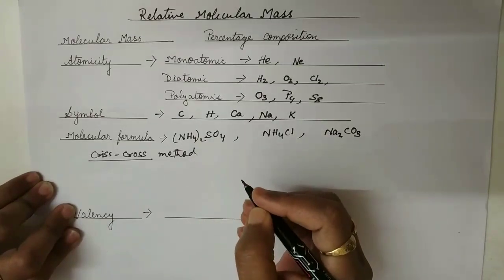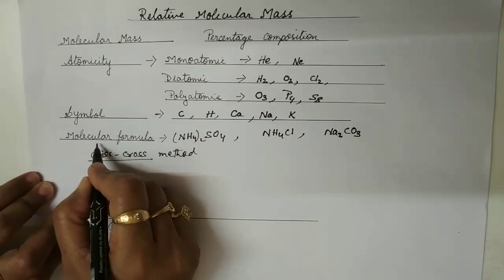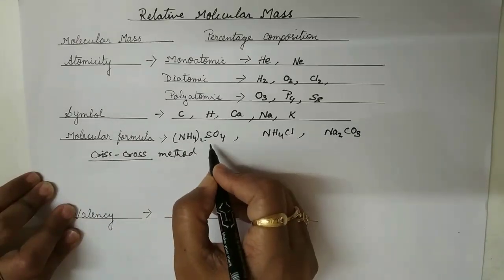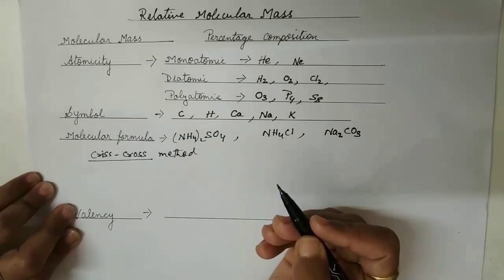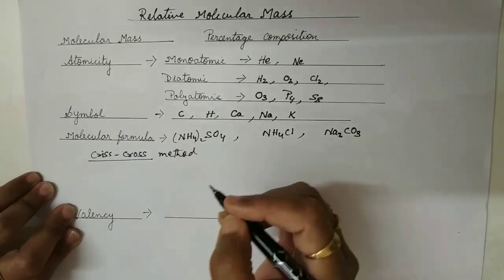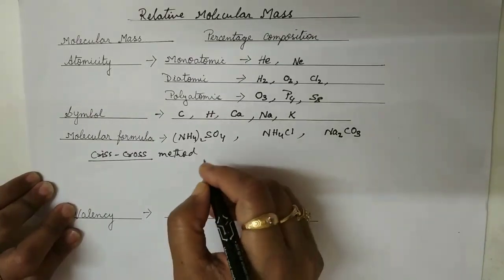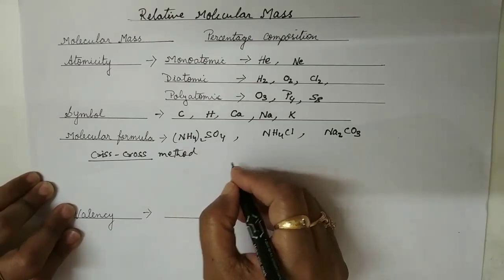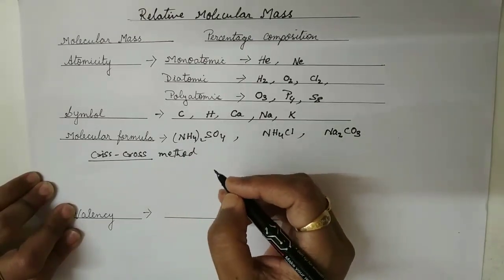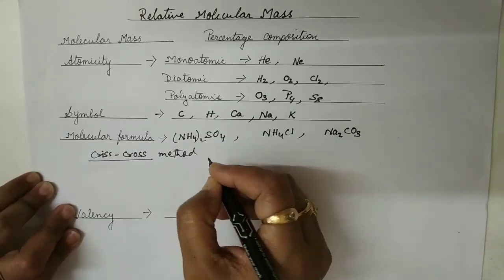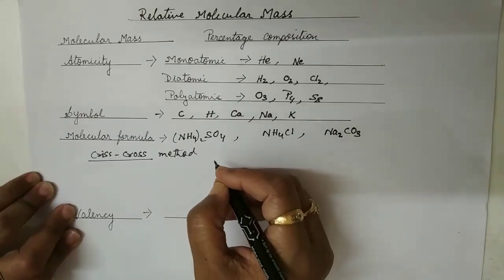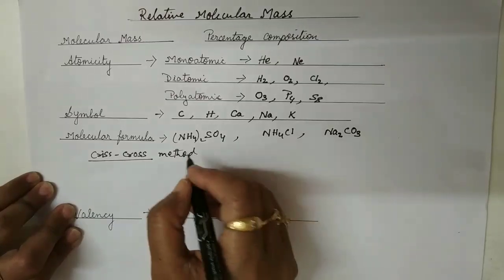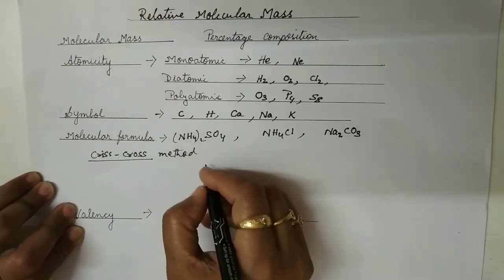you knew that the molecule is formed by a cation and an anion. So when you were given the name, you were writing the cation and the anion, and you were writing the valency on the right top, that is superscript, and you were exchanging. Like I'll show you the example of ammonium sulfate.